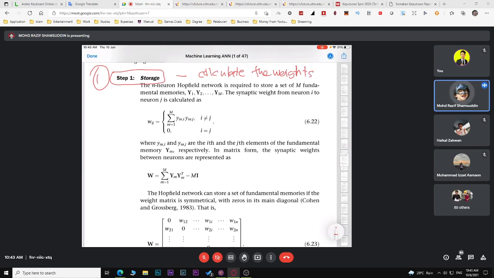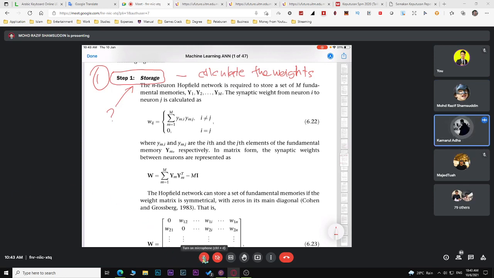So the process of calculating the weight is also considered as apa? Lagi? Siapa nak tolong lagi? Orang lain pula? Update. Proses calculate weight ni sebenarnya apa? Kita nak buat apa sebenarnya kat sini? Kenapa dipanggil sebagai storage?